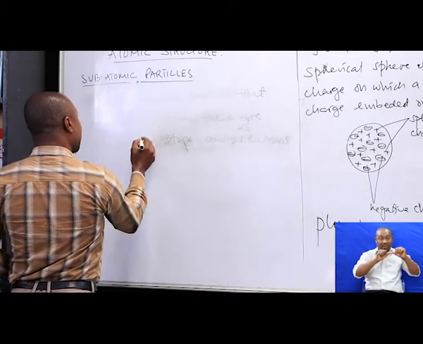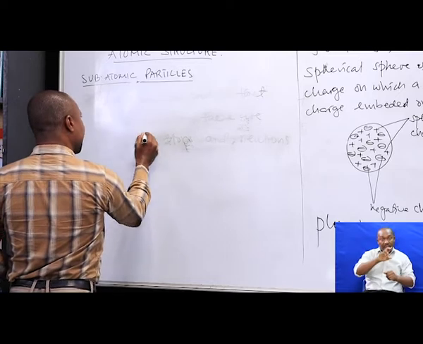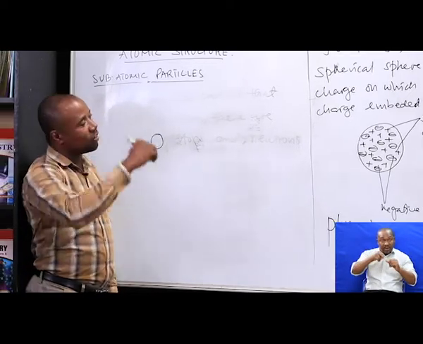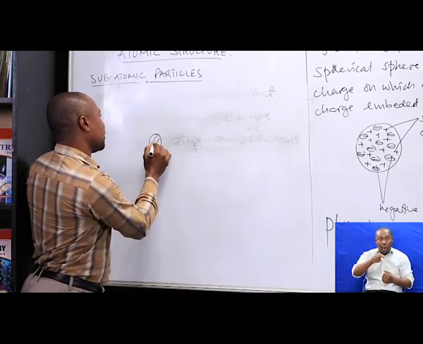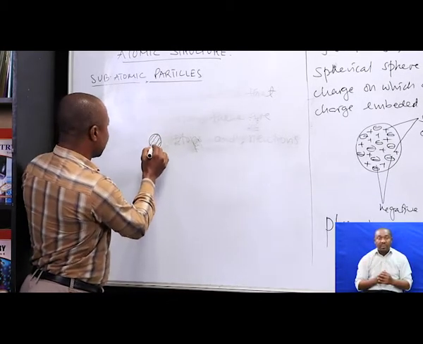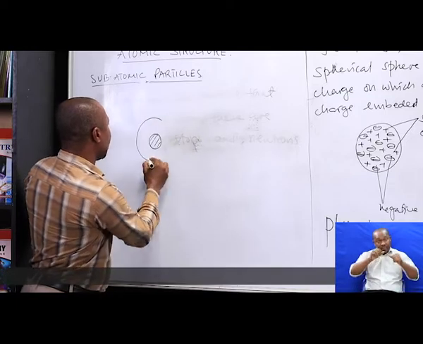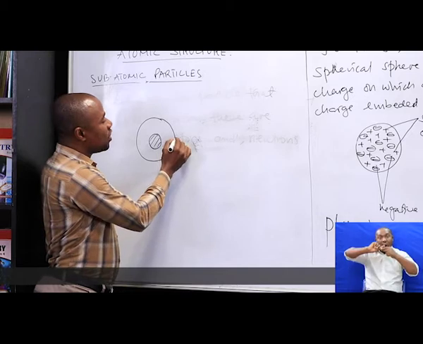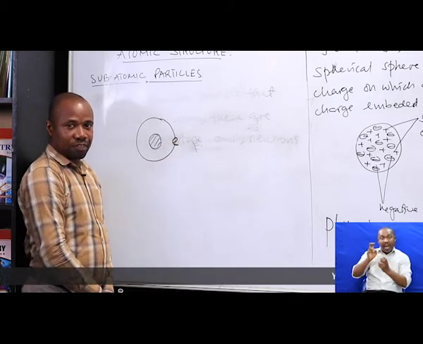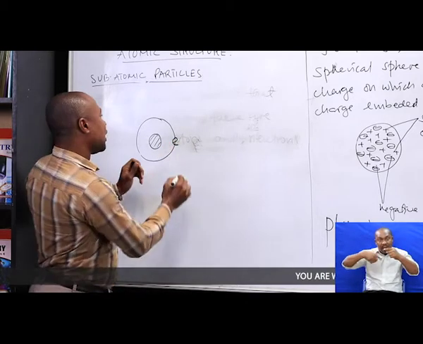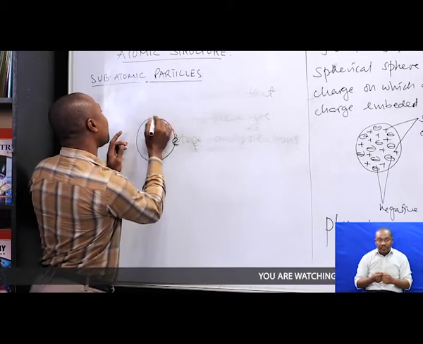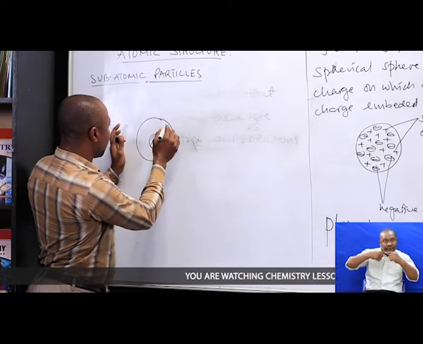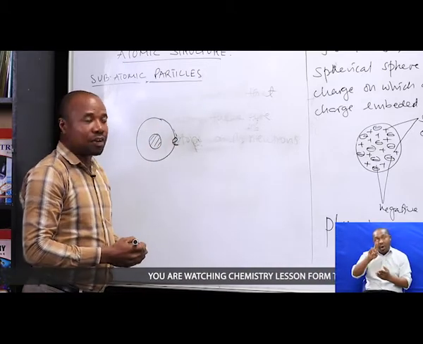That means if, let us say, this is a nucleus, within this nucleus there is a proton. And this is our atom, and here is an orbit on which the electron revolves. The electron revolves through the orbit, circulating the nucleus.